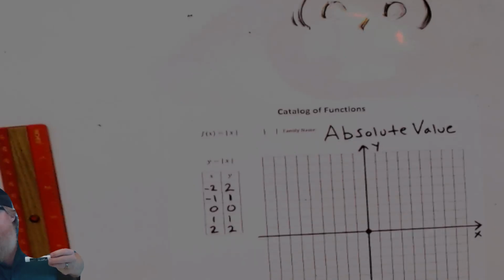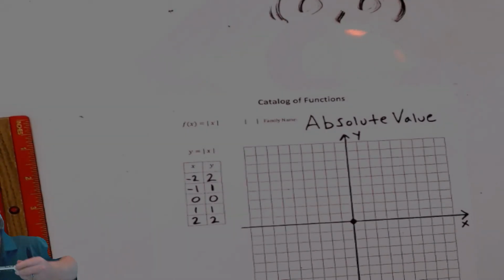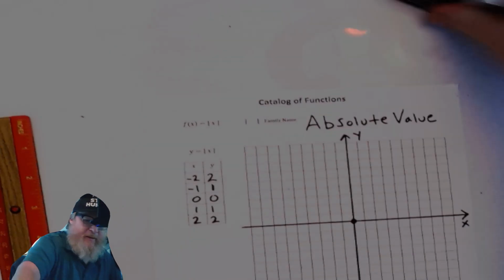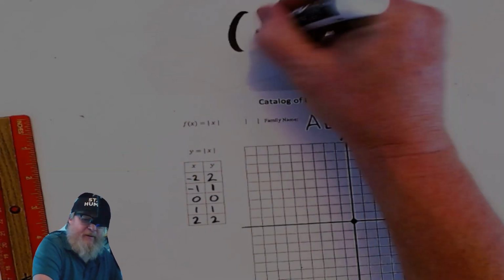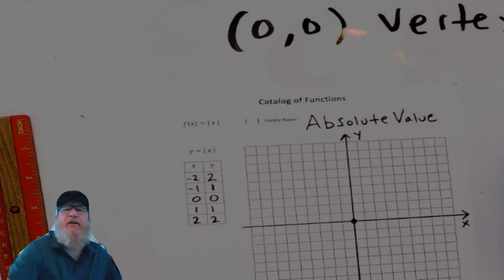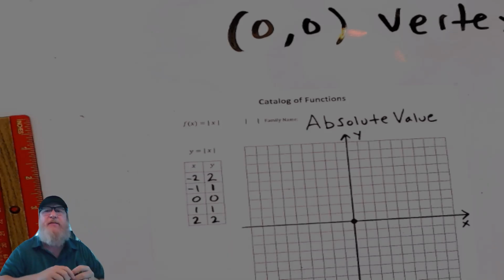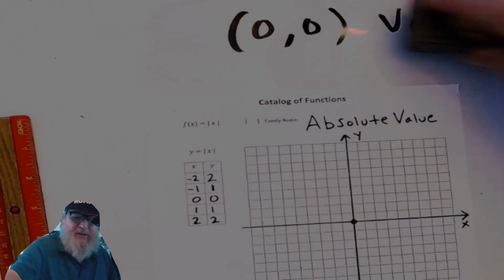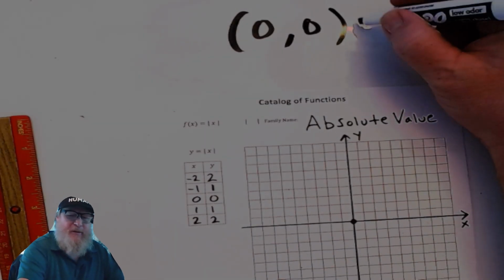Let's see if I can find a better pen. I found a better pen. So 0, 0 is called the vertex. All right, it's very important that we plot this point first.